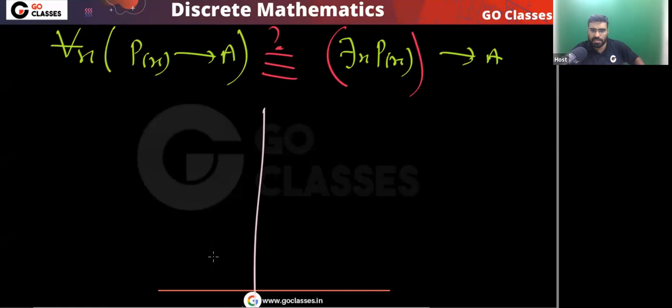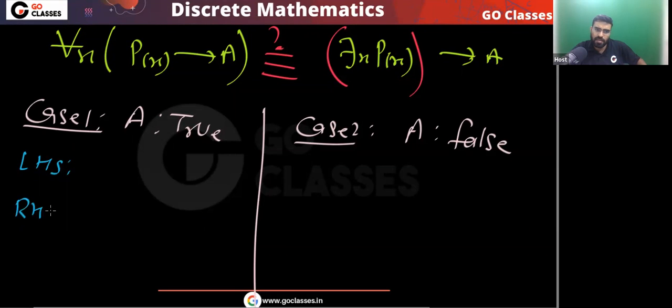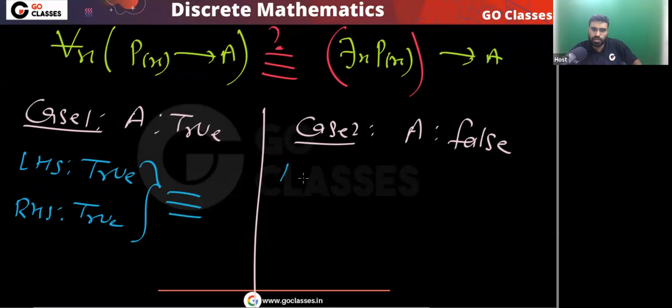Just take two cases. Consider case 1, a true, and case 2, a false. So tell me, in case 1 what is LHS? LHS and RHS both are true when A is true.